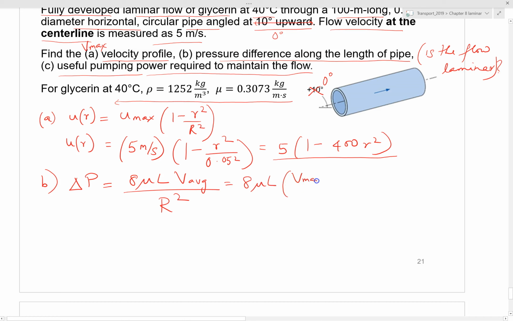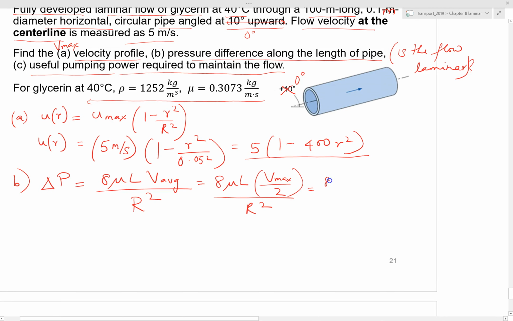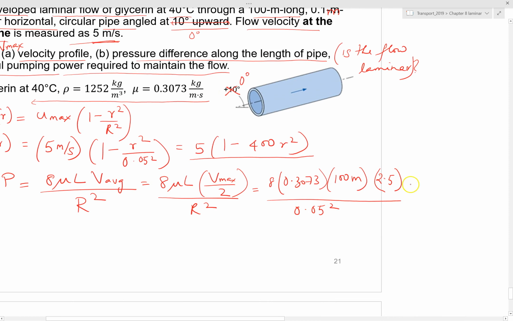V average for laminar flow is V max divided by 2, so 8 times mu is 0.3073 times L is 100 meter long, and V max by 2, V max is 5 meter per second, so 2.5, divided by R, which is 0.05 squared. So it turns out when you do the calculation, 2.84 kilopascal.